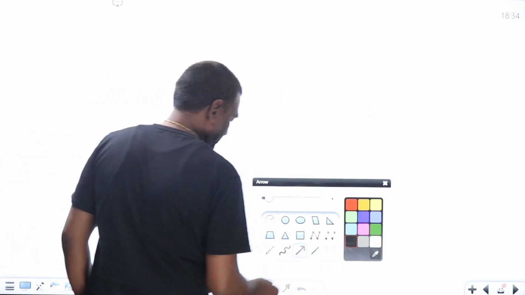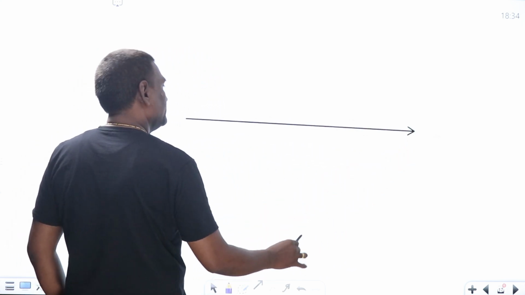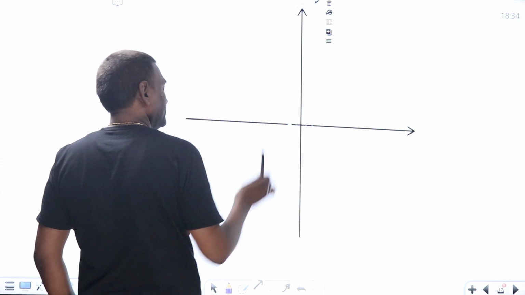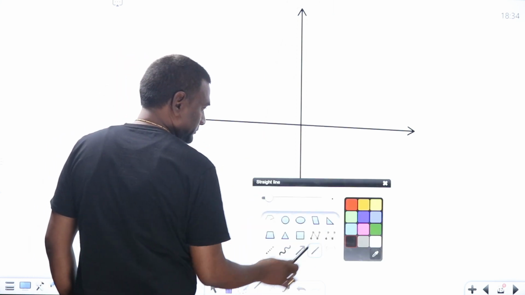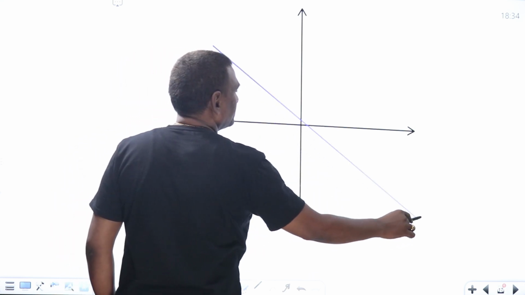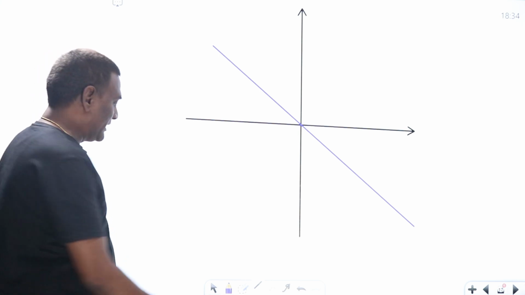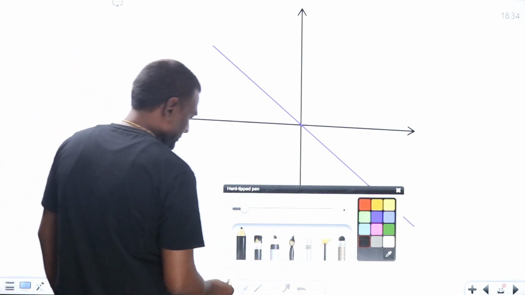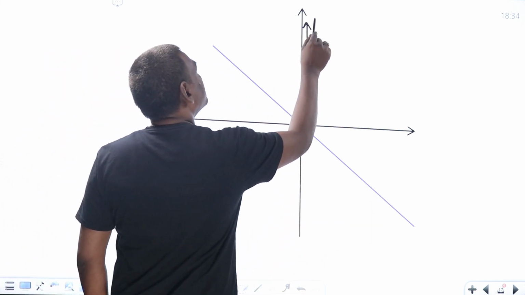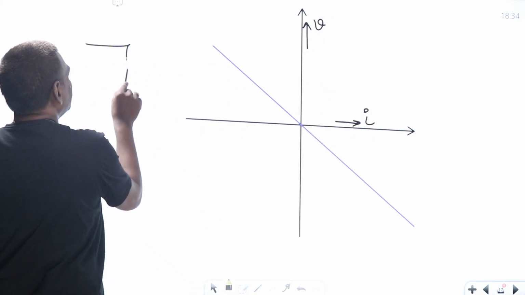Next, let us take one more example. If the circuit is given like this, as usual, this is voltage and this is current, and the passive sign convention is followed.